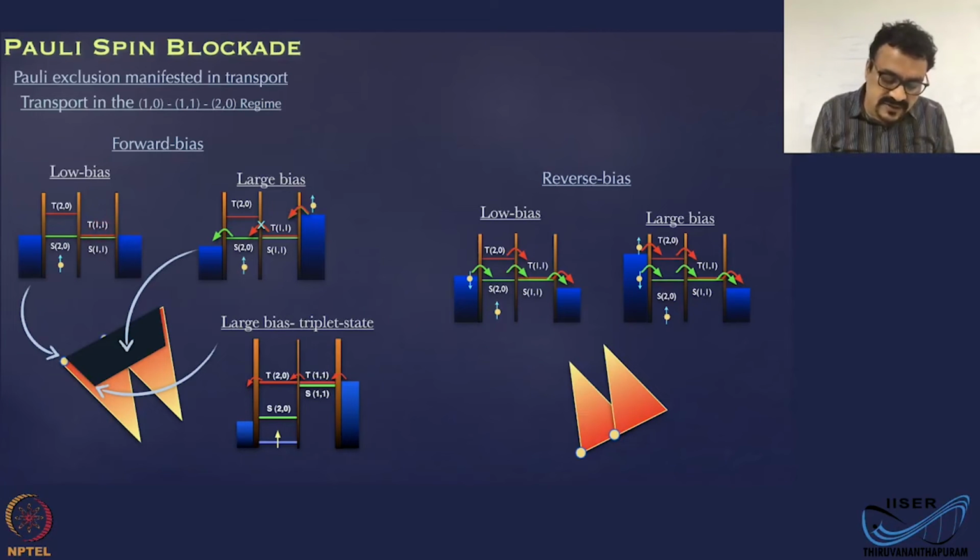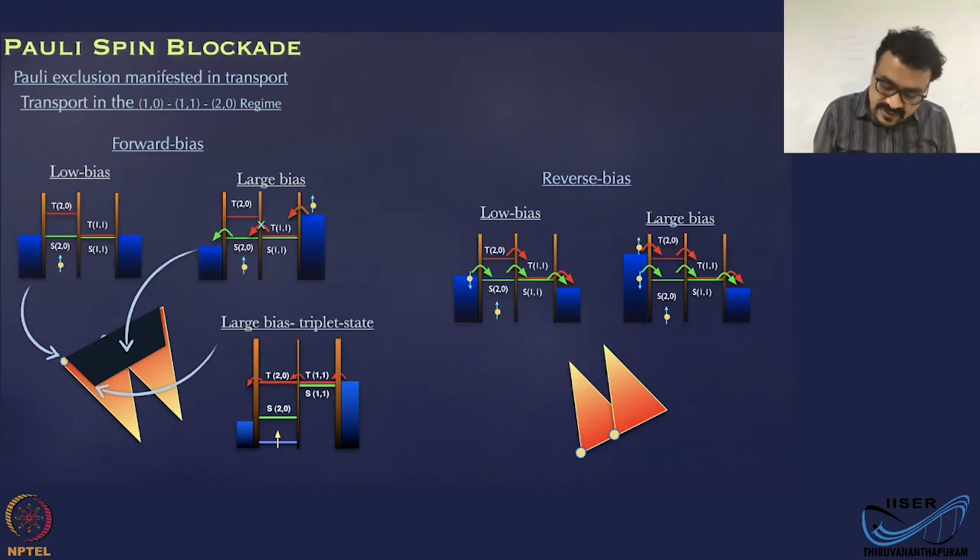If it goes with a spin up, then that electron cannot tunnel here, because this is the state corresponding to the spin up T20 triplet state. A second spin up electron here will make a triplet state with this existing electron, and that energy level is here, which is not accessible.